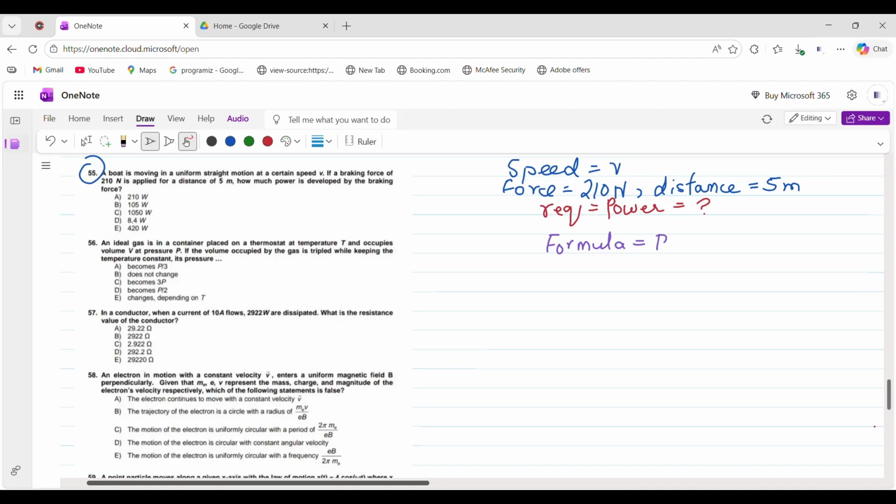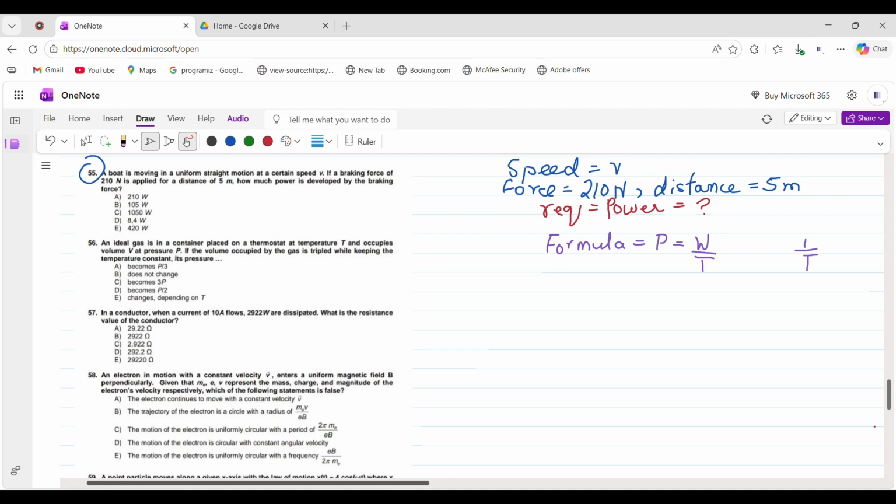Formula for finding the power is work per unit time. You must have heard the definition of power. Power is nothing but the rate of change of work. Whenever you listen to the term rate of, it basically means time is in the denominator.